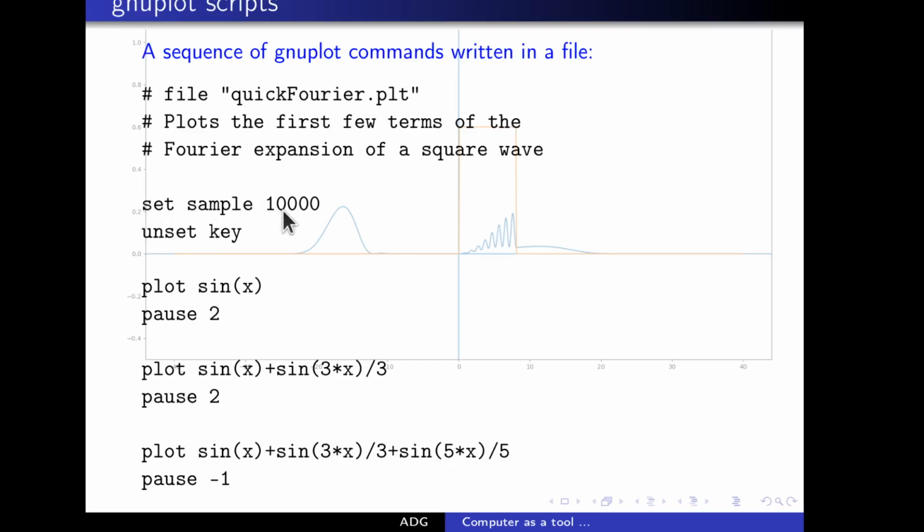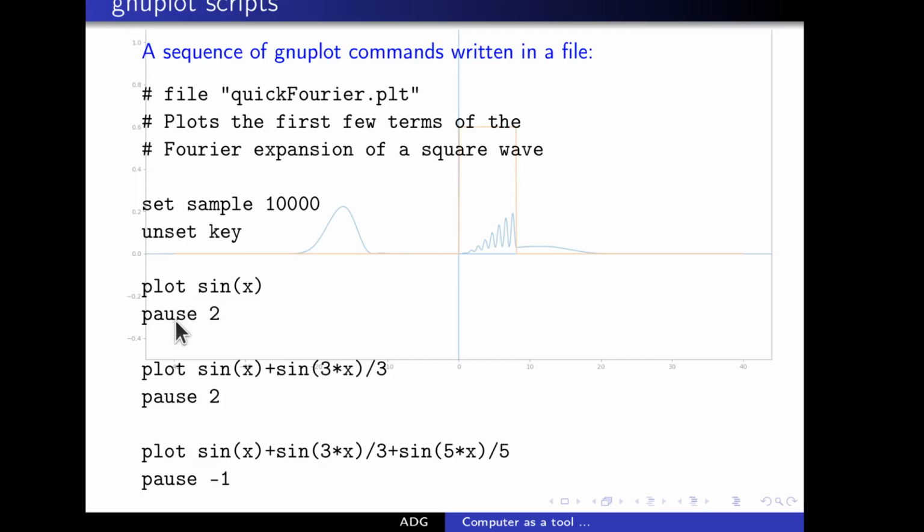Set sample 10,000, as I explained a while ago, forces Gnuplot to use 10,000 points instead of the default 100. I have used unset key so that the horizontal line depicting which curve is being plotted does not appear in your graph, just to remove the distraction. And then I've issued a command plot sin x. Obviously sin x will be plotted.